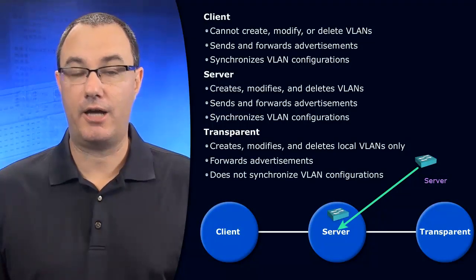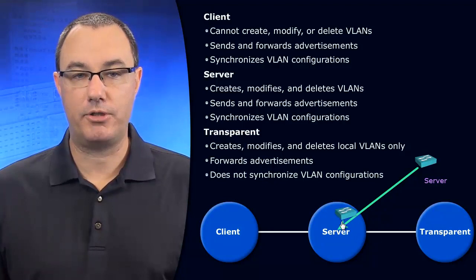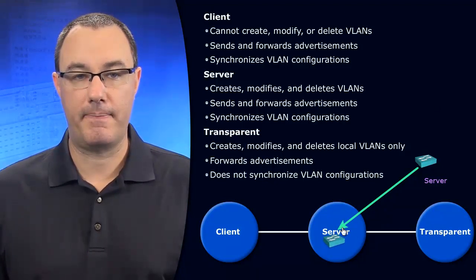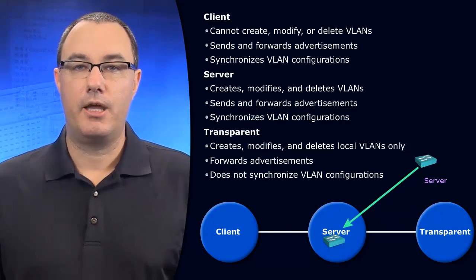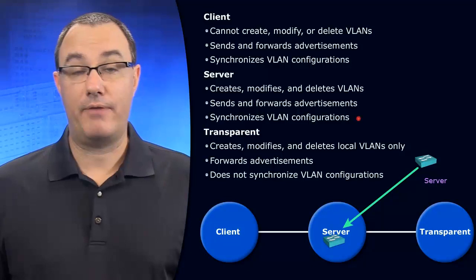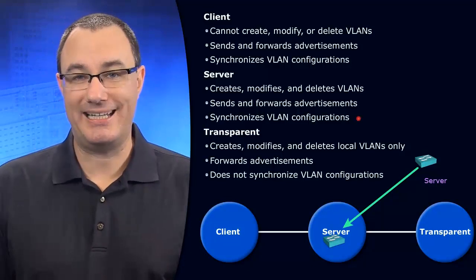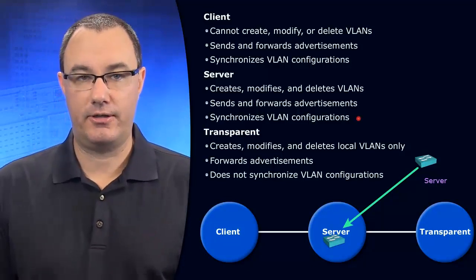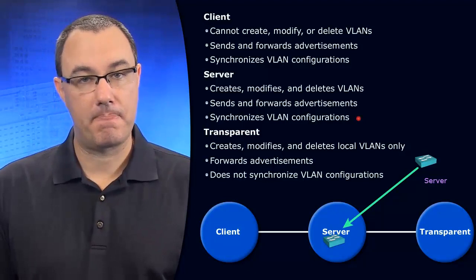Absolutely. We will adapt to that, which is an important distinction. A lot of people think that you can only have one server in a VTP domain. That is not the case. You can have multiple servers.